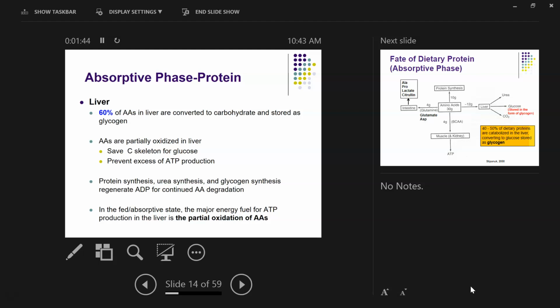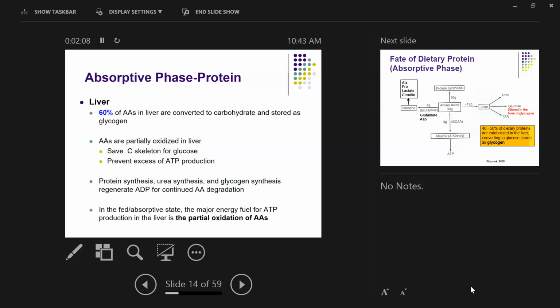The glycogen is stored in the liver, and amino acids in the liver are partially oxidized. The purpose of this is to save the carbon skeleton, right, and prevent overproduction of ATP.